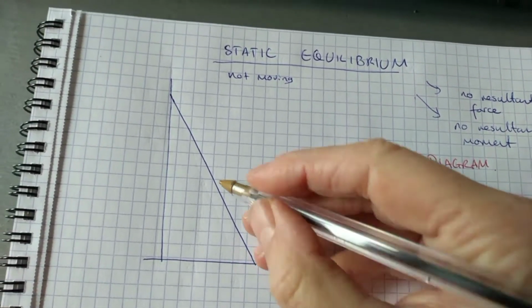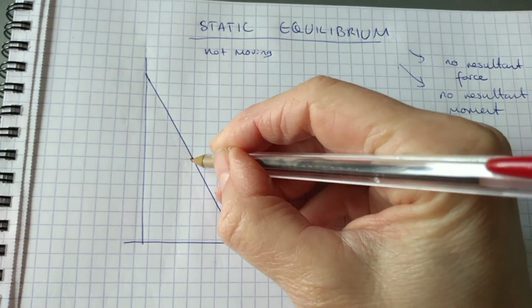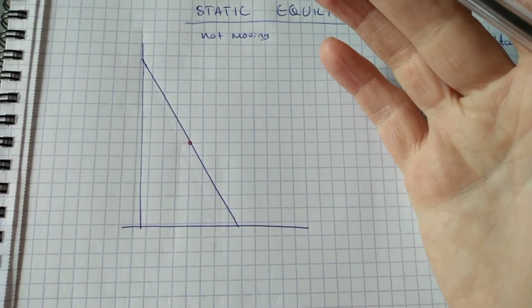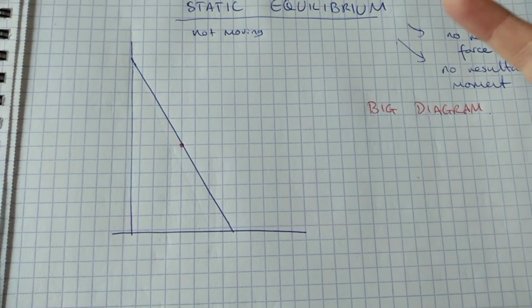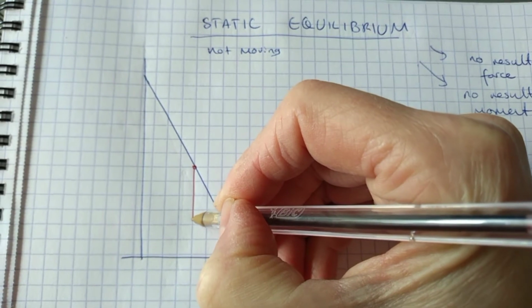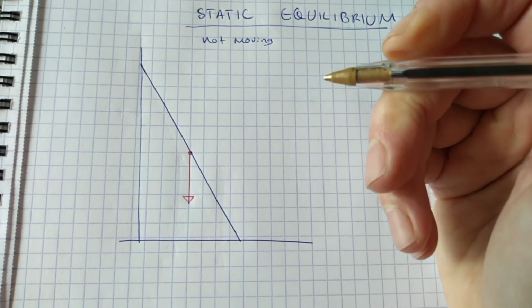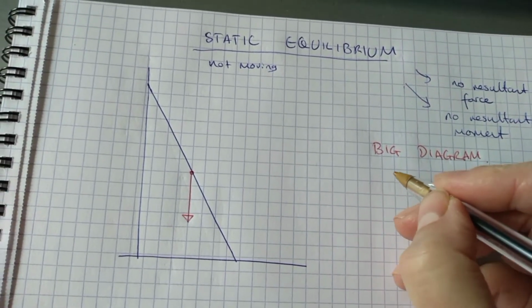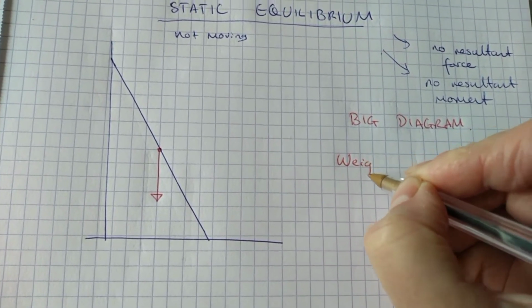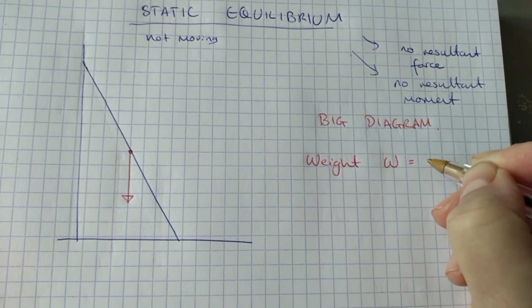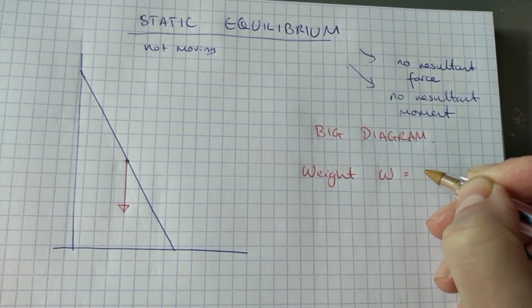You can get light, inextensible strings and things like that, but a ladder will pretty much always have some sort of weight. Now, you might be given its weight as W, or you might be given its mass in kilos, so it might be mg, mass times g. I'm just going to put W there for its weight.